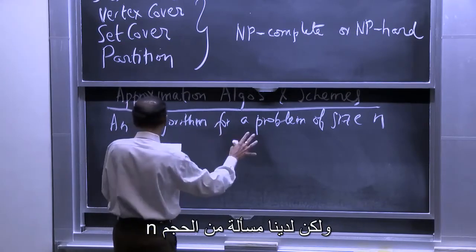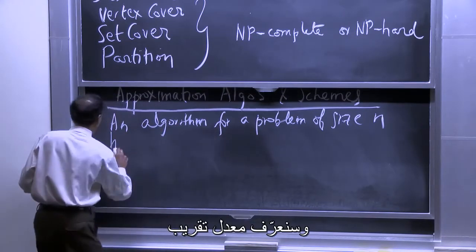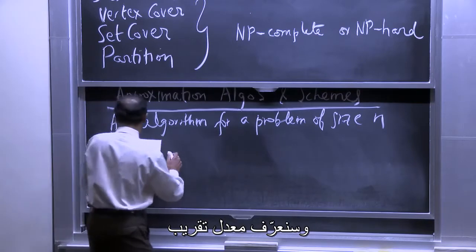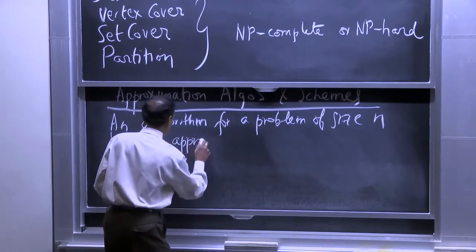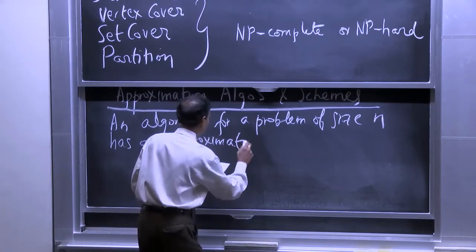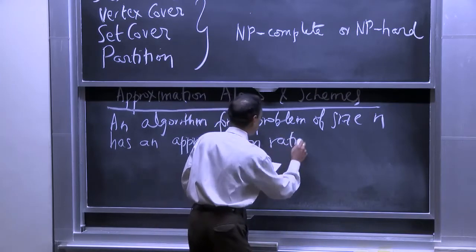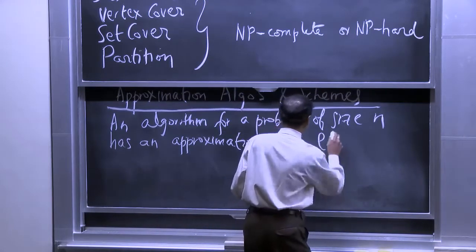But you got a problem of size n, and we're going to define an approximation ratio rho of n.